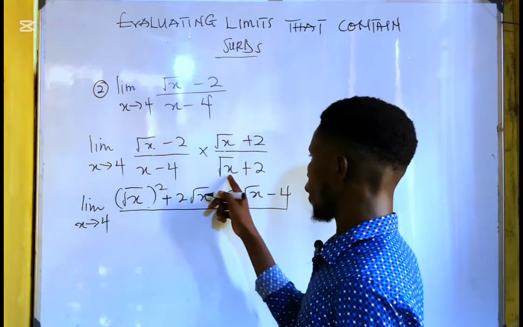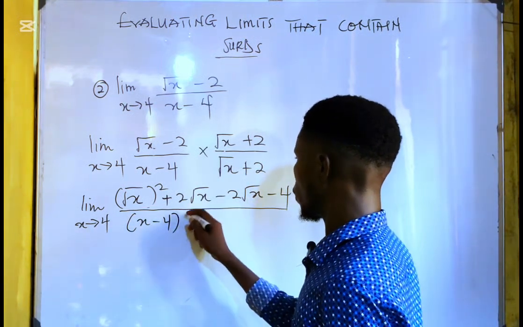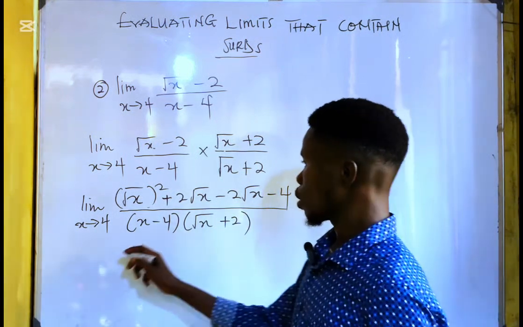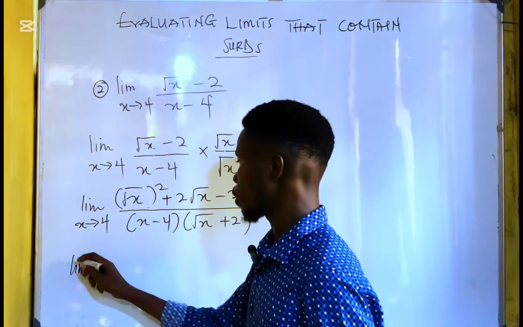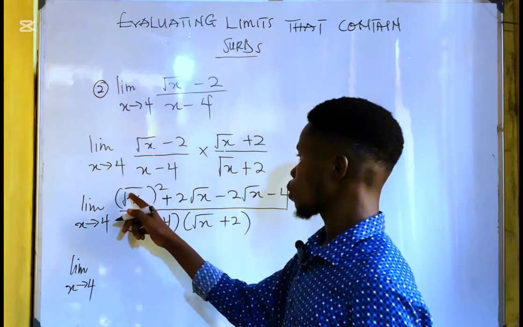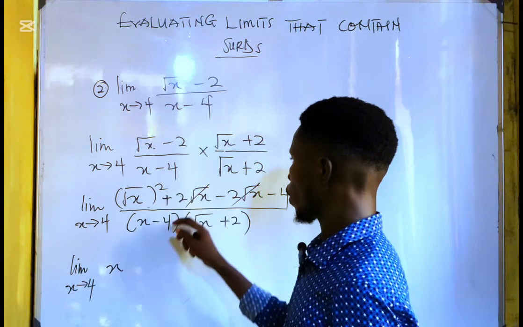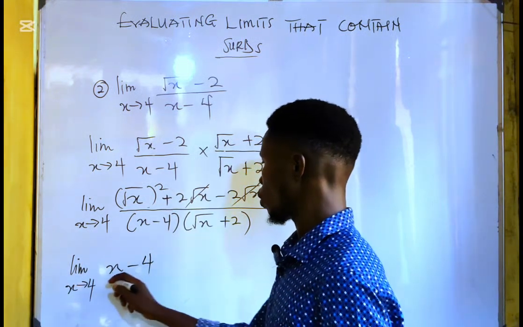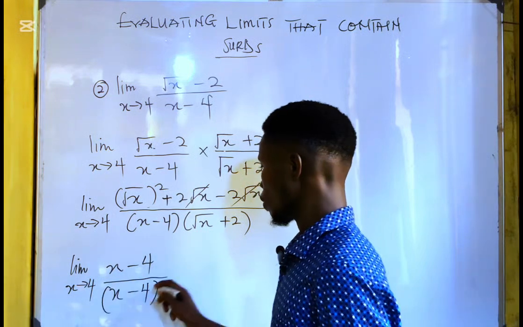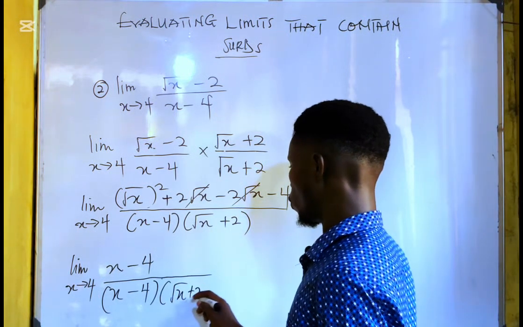The down one, you maintain it, so x minus 4 times square root of x plus 2. So looking at this one, the limit as x approaches 4, this square will give you x. This will go with this one, minus 4, all divided by x minus 4 times square root of x plus 2.